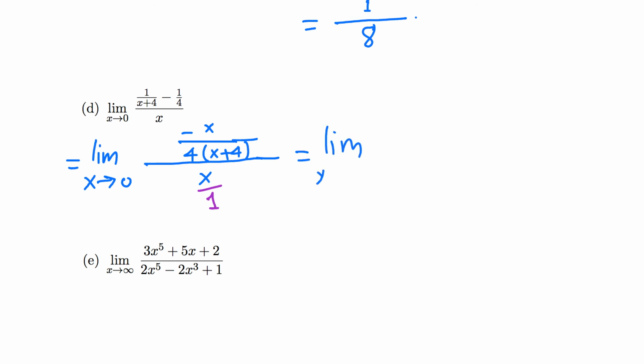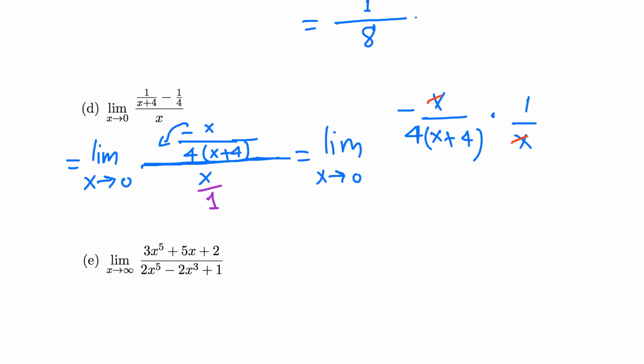So we got limit x going to 0, negative x. This negative on the top can be pulled to the front, negative x over 4 times x plus 4. Change this division into multiplication. Now flip this fraction, 1 over x. Then x on the top, x on the bottom cancel, just 1. So 1 times 1, 1 on the top.